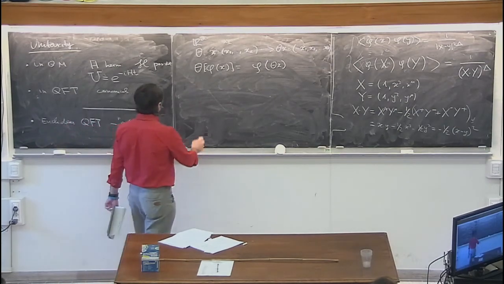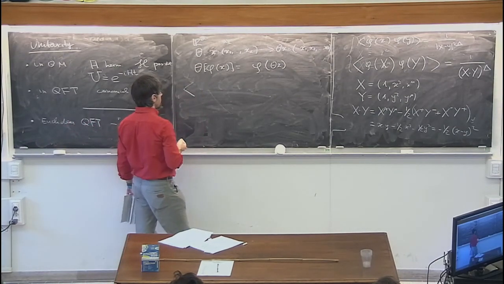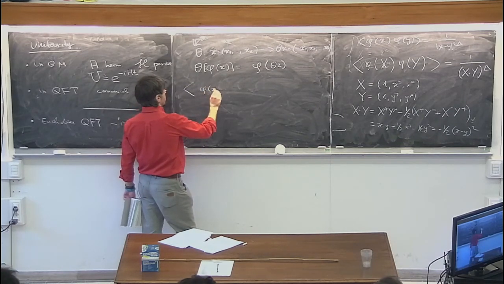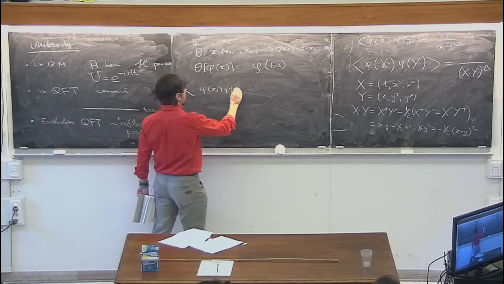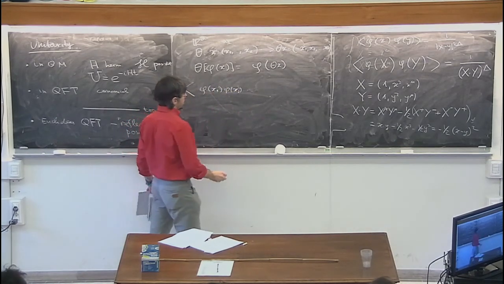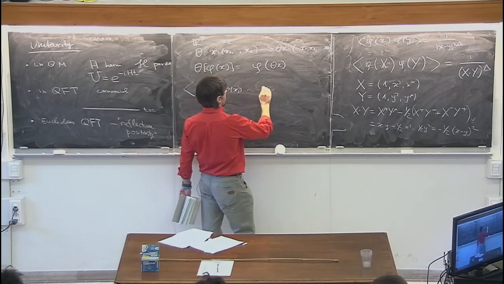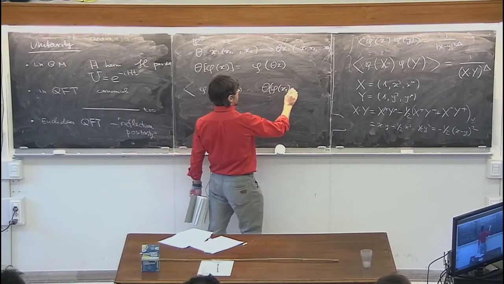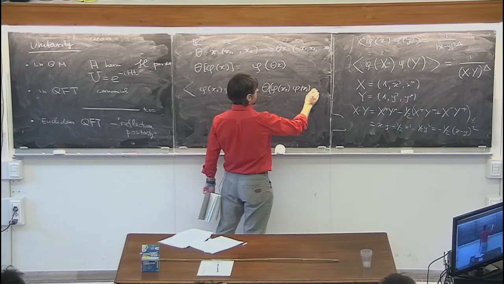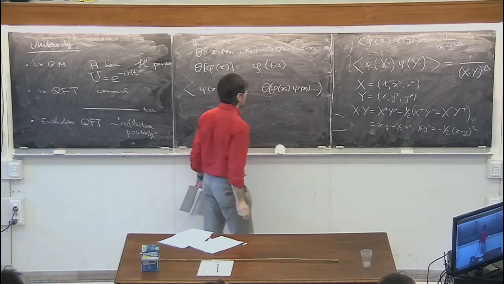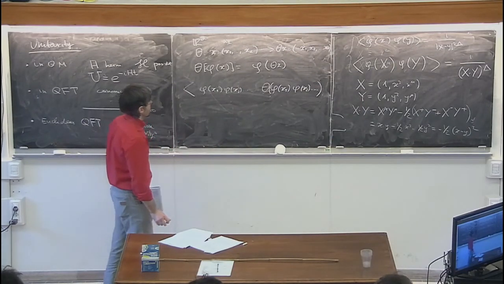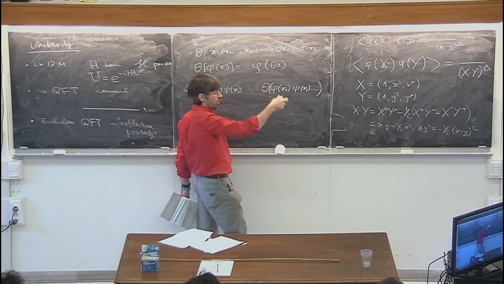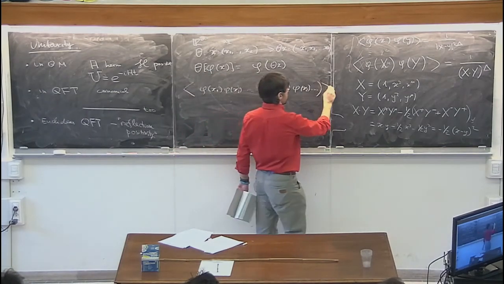Then I have the following property. If I have a correlation function in which I have a bunch of fields, phi of x1, phi of x2, and the same fields with theta applied, theta phi of x1, phi of x2, and so on, which means that these fields are in fact inserted at the reflected points, the way I write them.